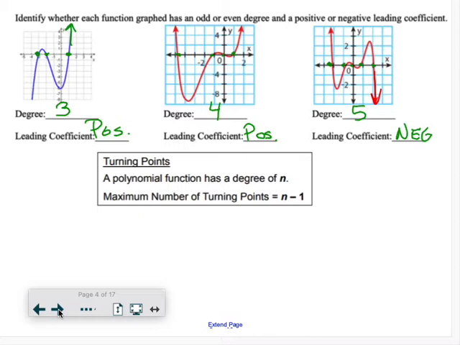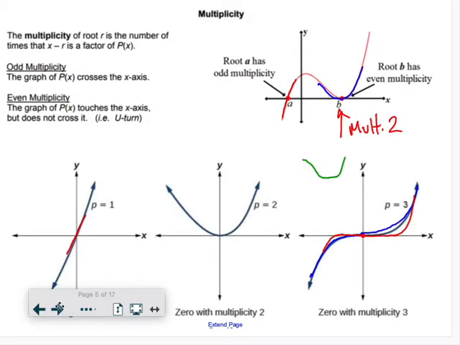But the one thing I wanted to talk about is the multiplicity, right? So when we get into multiplicity here, it seems kind of intimidating. It's not bad. There's two key things about multiplicity.